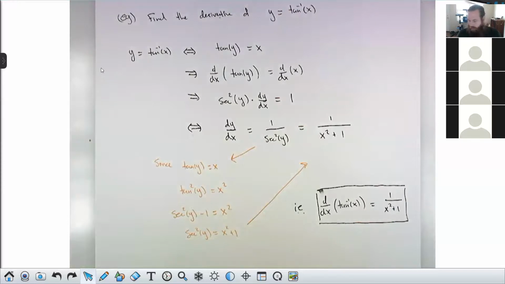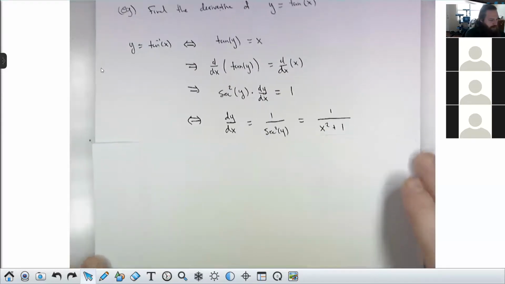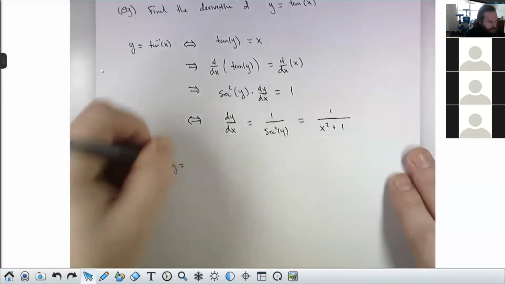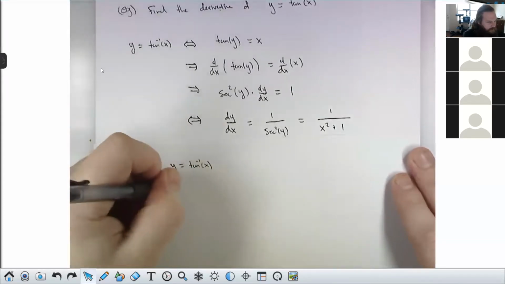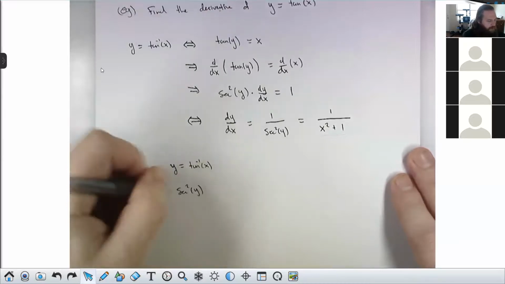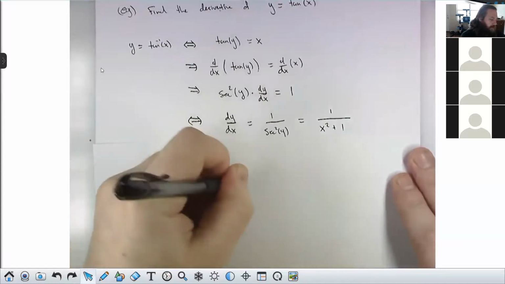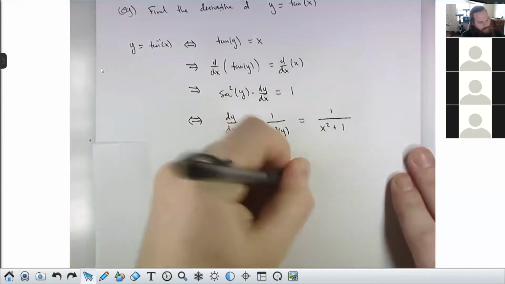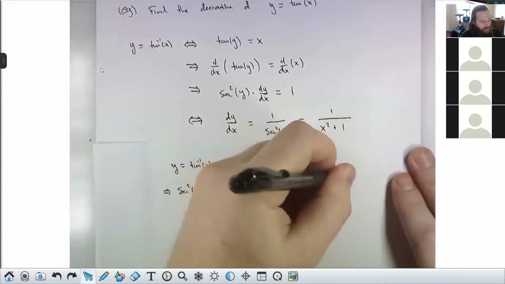So another option is to say, well, since we know y is equal to the inverse tangent of x, that tells me that secant squared of y is secant squared of the inverse tangent of x, which is the square of the secant of inverse tangent of x.